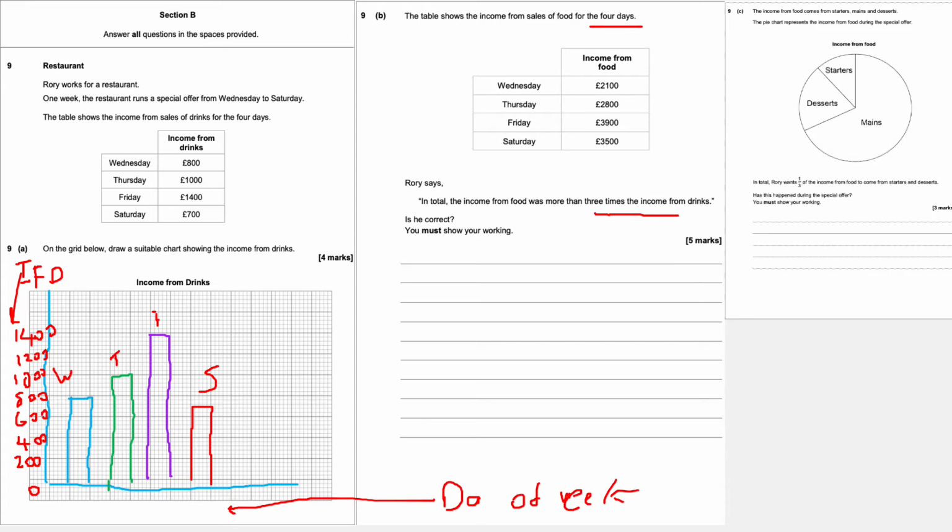So let's work out the total for food. Okay, so the total for food, guys, is going to be 2,100 plus 2,800 plus 3,900 plus 3,500. Okay, and inputting this into our calculator.